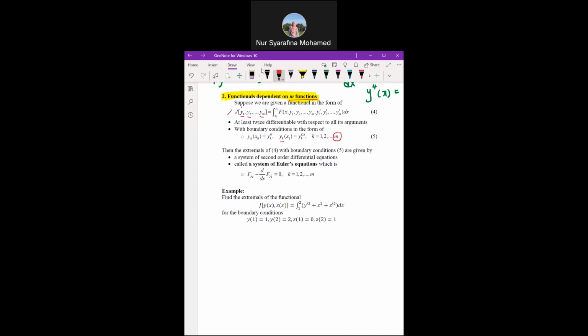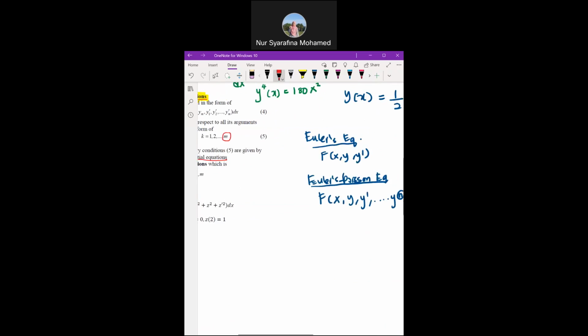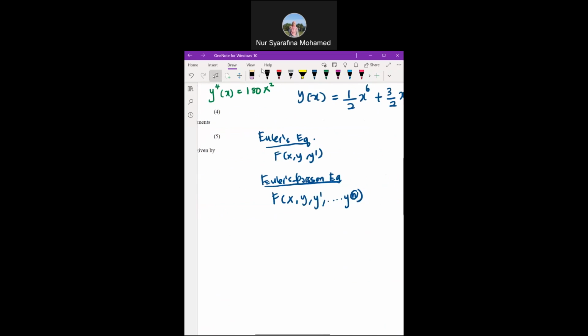How can we find the extremal of this kind of functional? It is given by a system of second order differential equations. So instead of only Euler's equation, now we are going to use a system of Euler's equations.